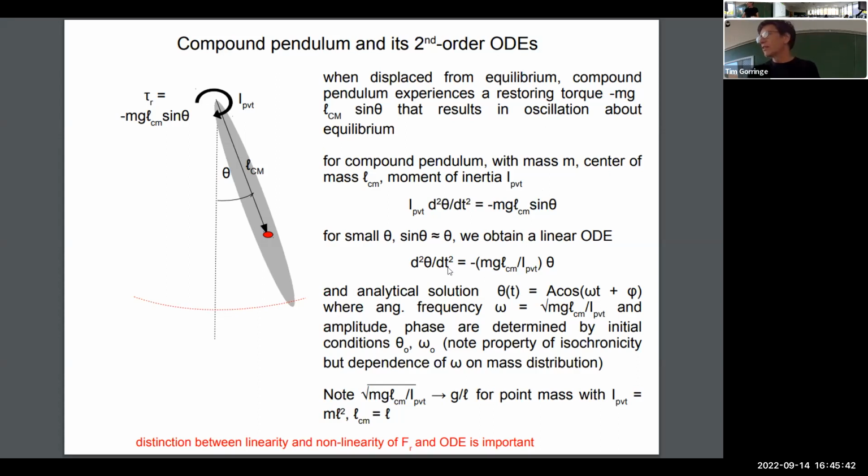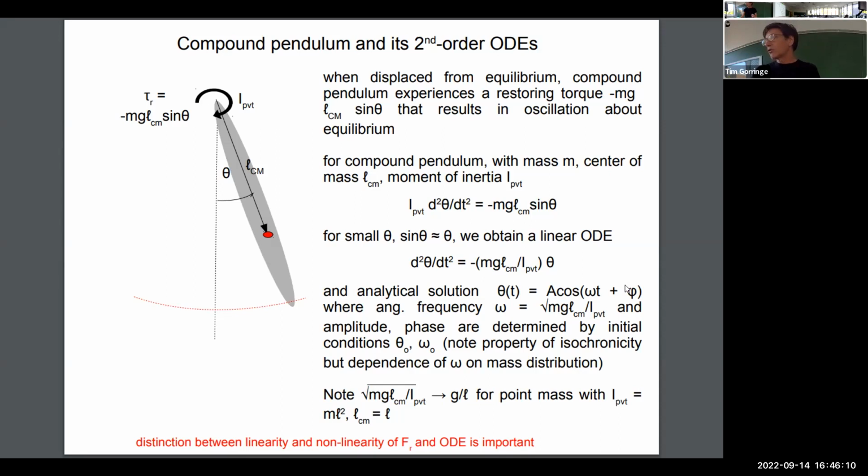And then you get this linear version of the compound pendulum's motion. And so again, these equations are importantly different, because one is a nonlinear ordinary differential equation. The second one is a linear ordinary differential equation.